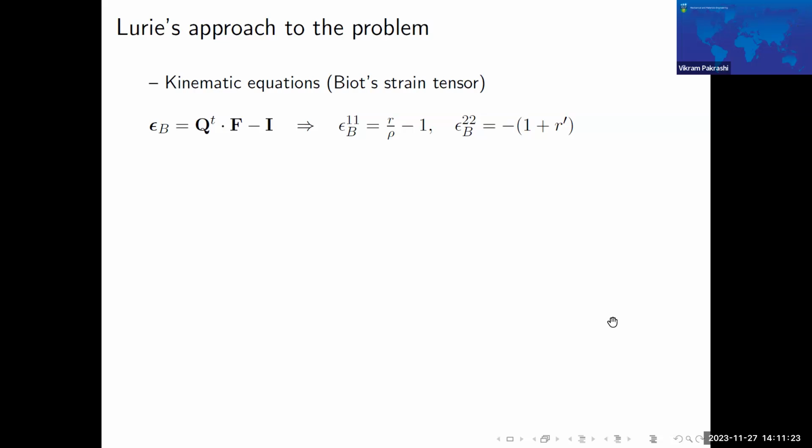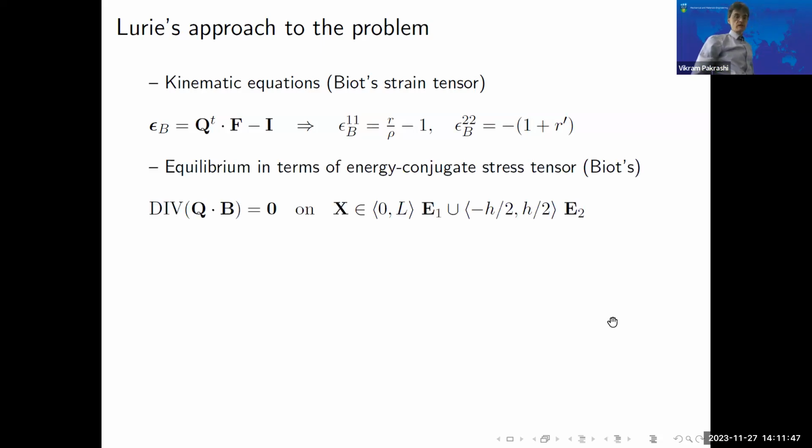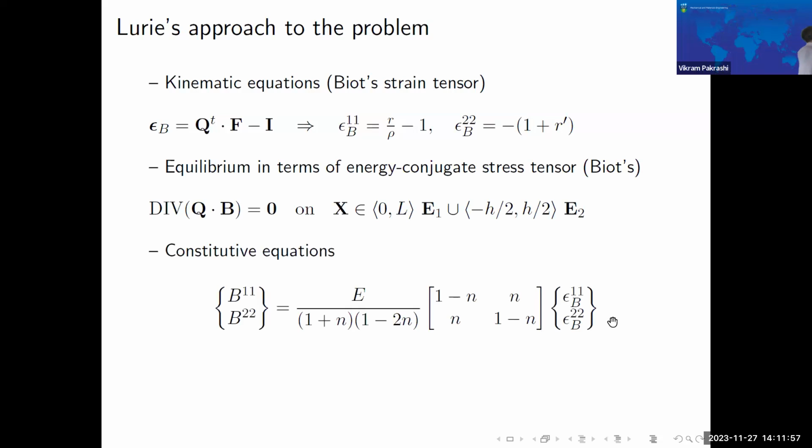In our particular setting, we have a longitudinal strain and a transversal strain. And they both depend on this r, which is the distance from the center of curvature to a particular point in the specimen. Rho is the radius of curvature of the undeformed fiber in the deformed state. These are the strains that we take, and correlated to those strains are the so-called Biot stresses.